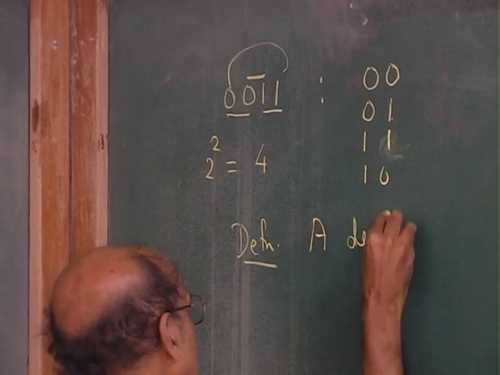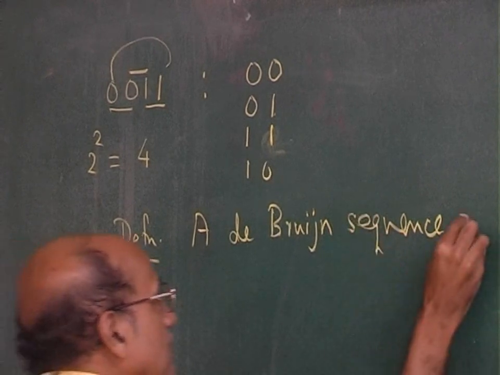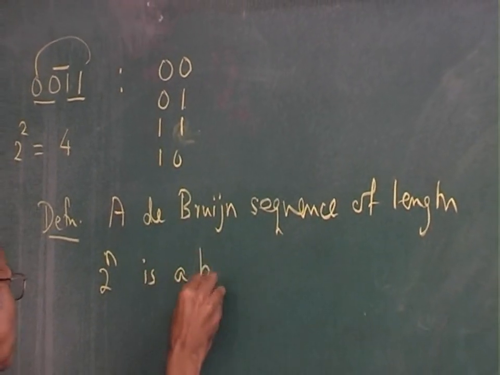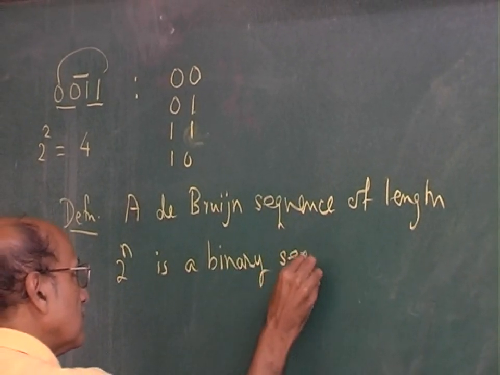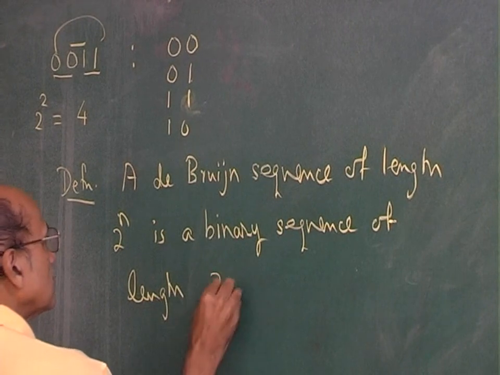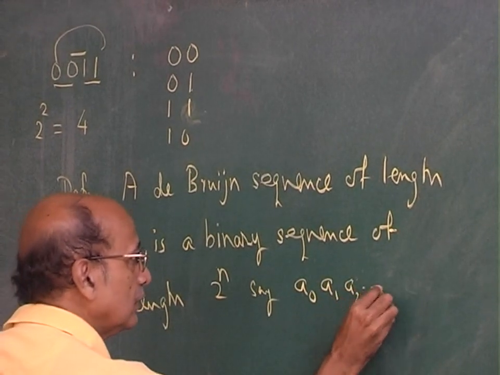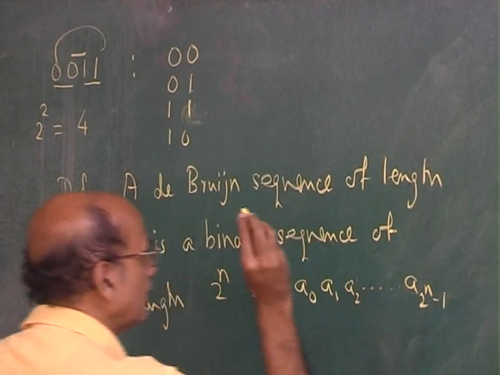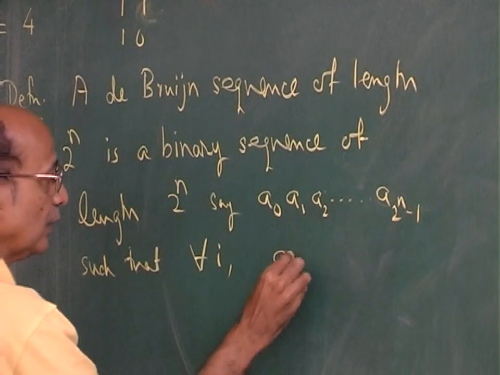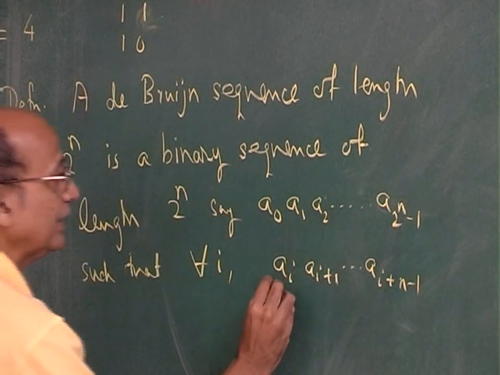A de Bruijn sequence is a binary sequence A0, A1, A2, such that for all i, look at the sequence Ai, Ai plus 1, etc. up to Ai plus n minus 1. So look at this subsequence.